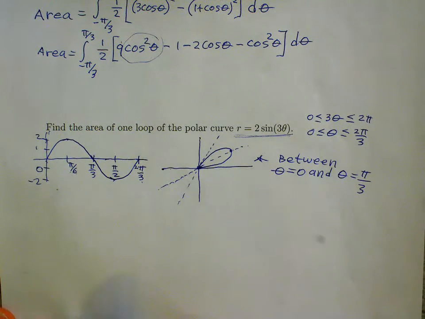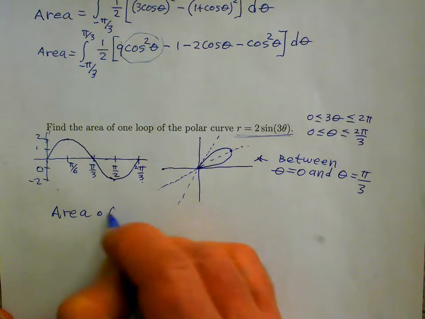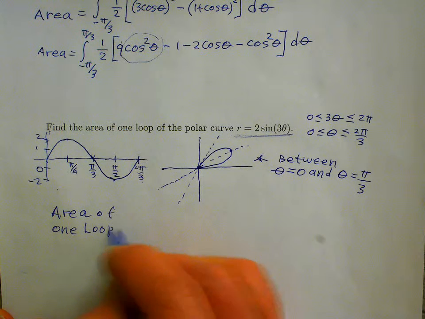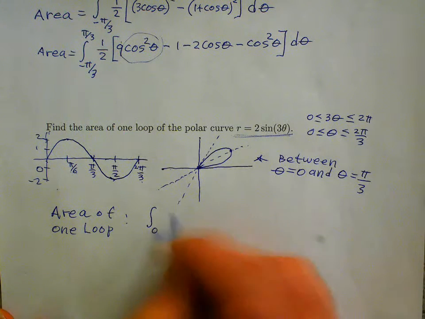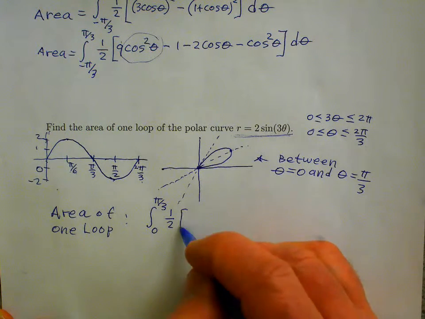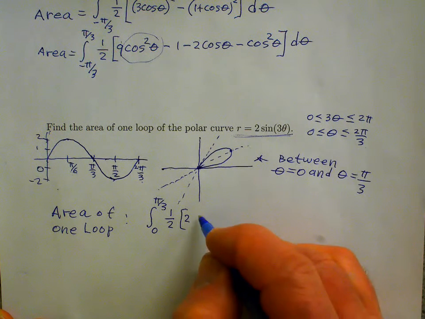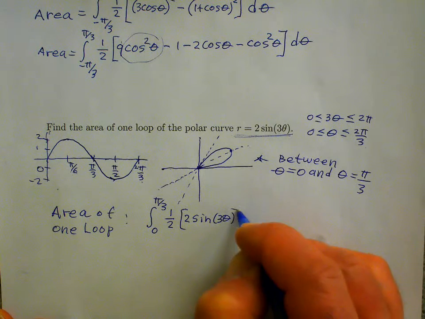So to find the area of one loop, we compute the definite integral from 0 to pi over 3. And the integrand is 1/2 times r squared, where r is 2 times sine of 3 theta, squared.